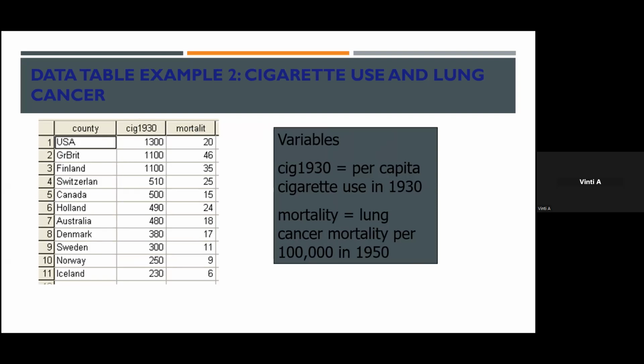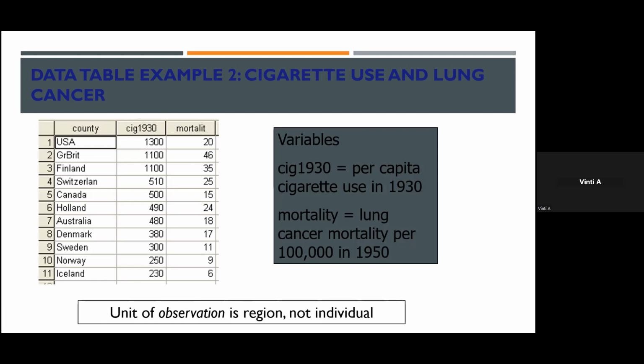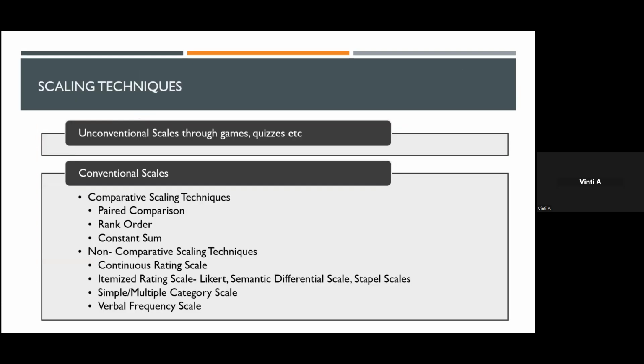And they would typically define what SIG 1930 is: it is per capita cigarette use, and mortality is lung cancer mortality per 100,000 in 1950. So this is how the data set is constructed, and the unit of observation is the region, not an individual.